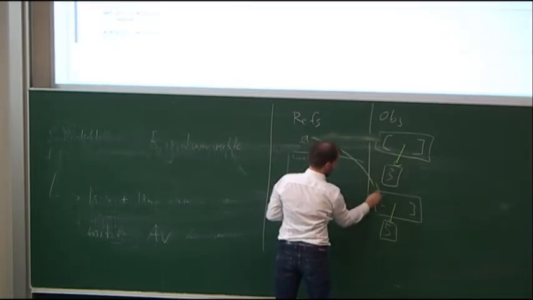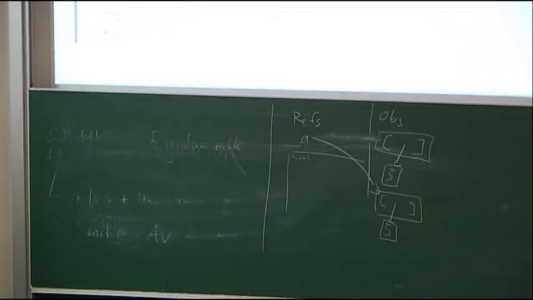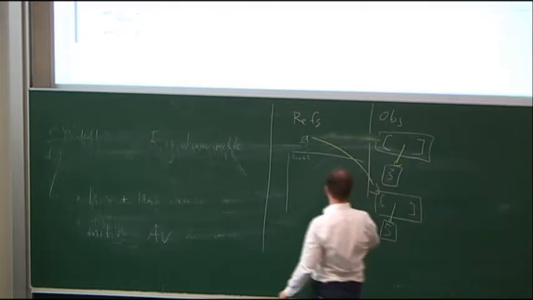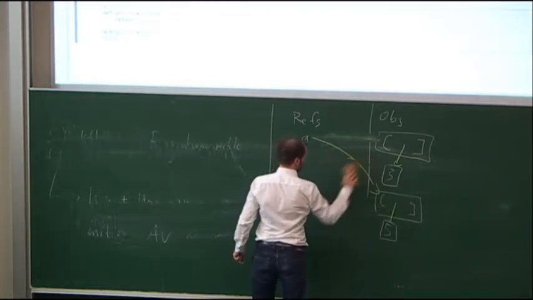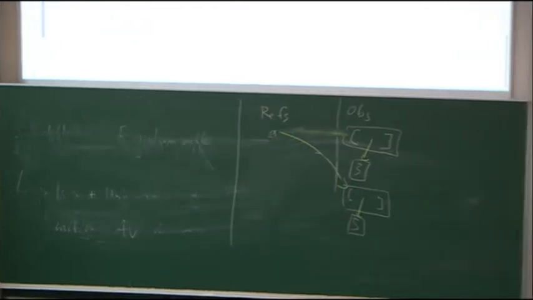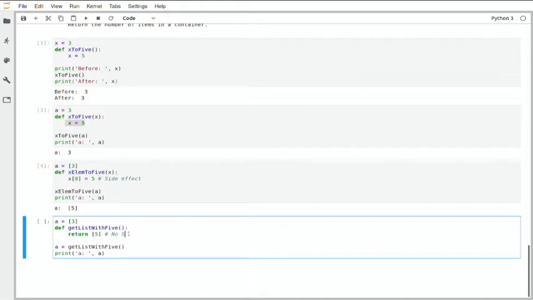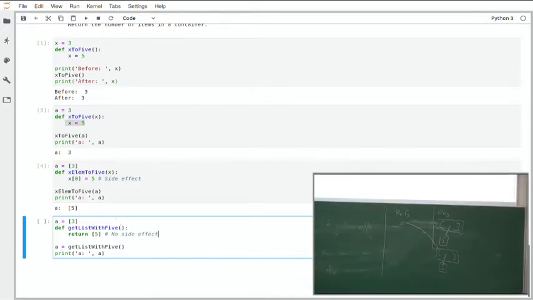A points to this, and the local scope gets deleted. And this doesn't have any side effect. And this is what we call a function, because it doesn't have any side effect. So if it doesn't have a side effect, it's a pure function.